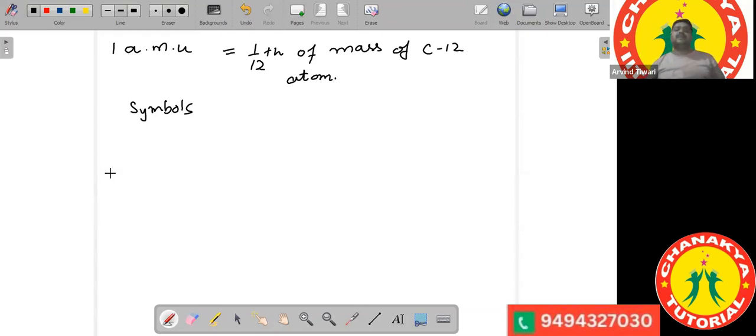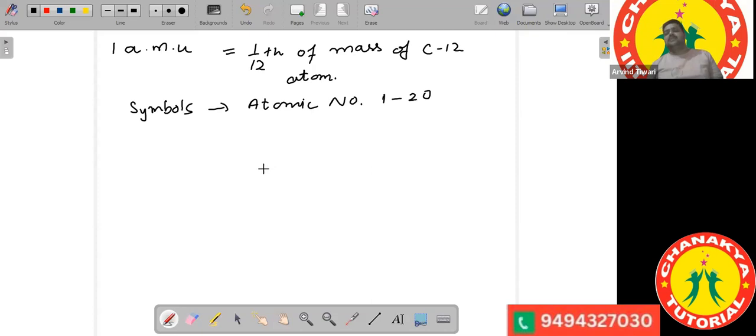So in the last class, we also studied certain symbols which are used to represent the atomic masses. Then after 1 AMU, we studied atomic number 1 to 20 along with symbols.